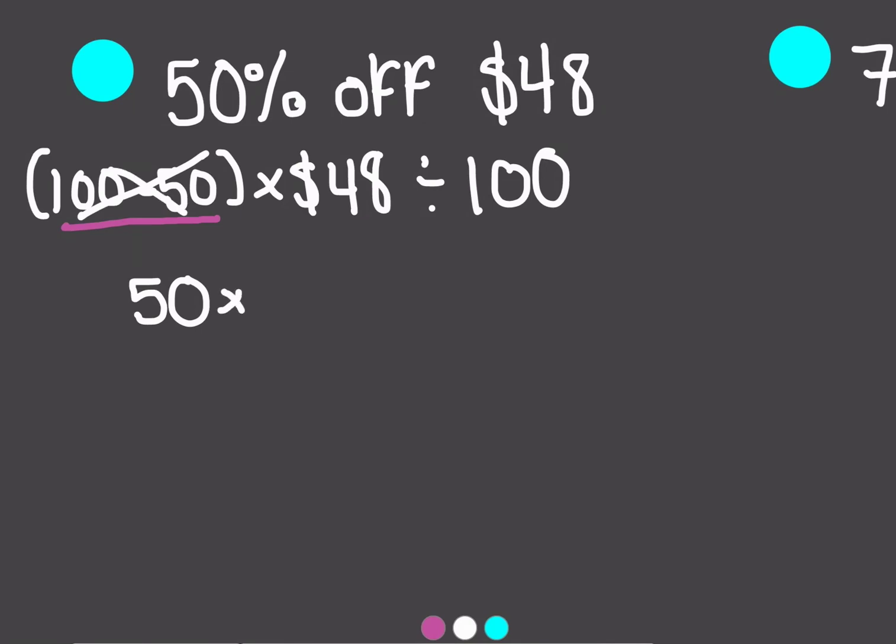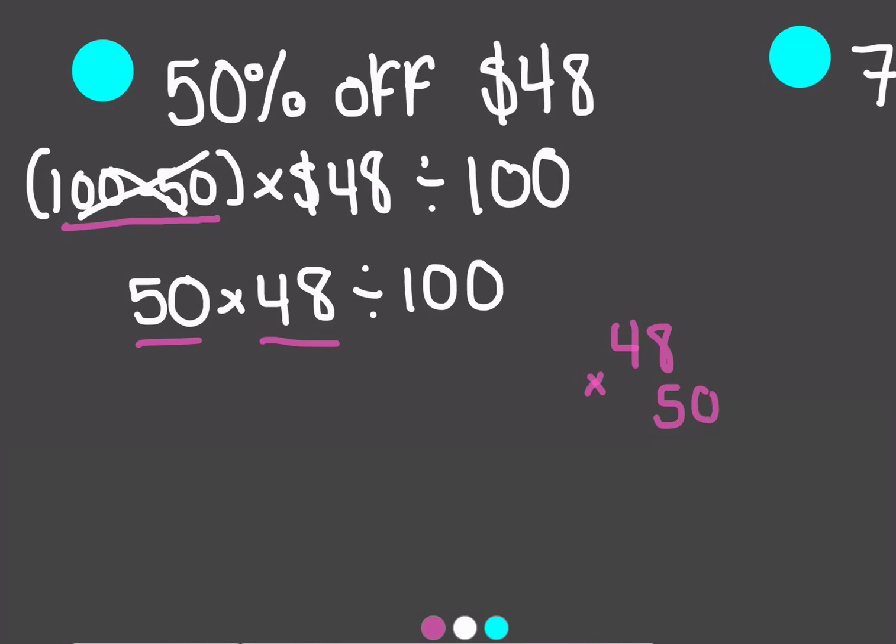Bring down everything else I didn't use. So now I'm doing 50 times 48. Now, unfortunately, I can't do that in my head, so I'm going to put it over to the side. 48 times 50. The reason I put that 0 is I can just drop it down, and that's going to give me the right answer.